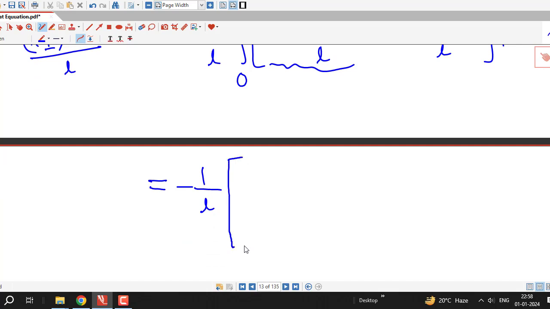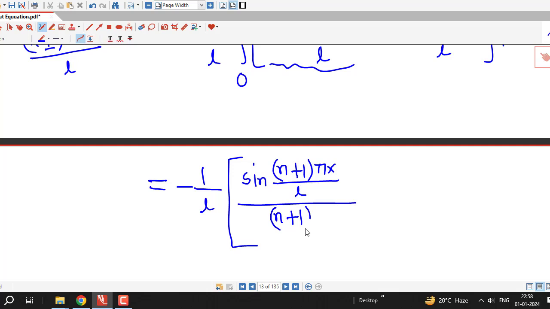So let me write that first here: sine of (n+1)πx/L, divided by the coefficient of x, which is (n+1)π/L, and here same thing with negative sign.